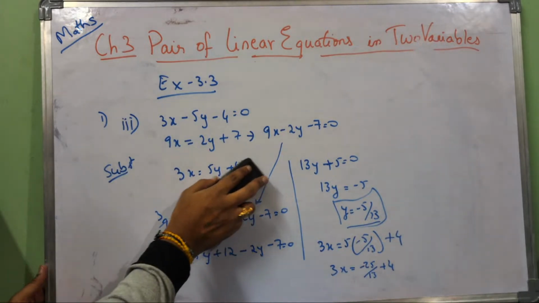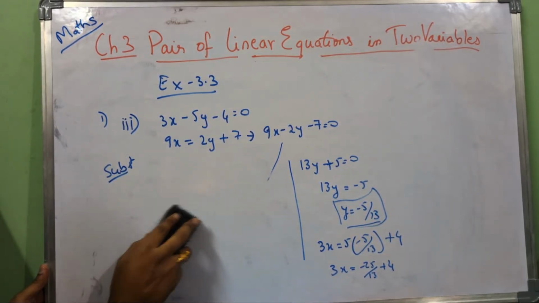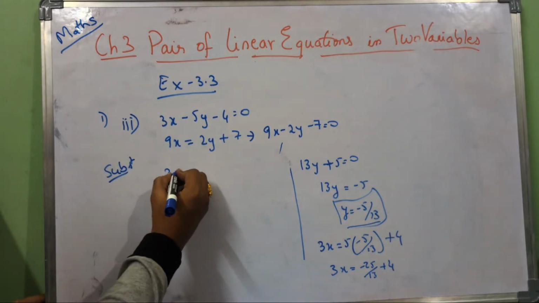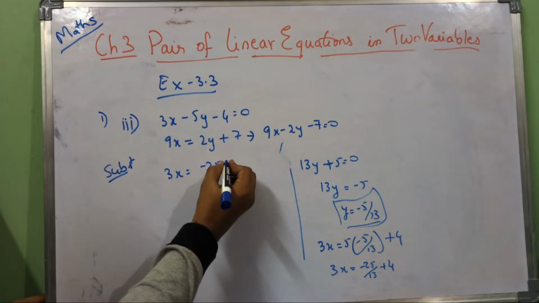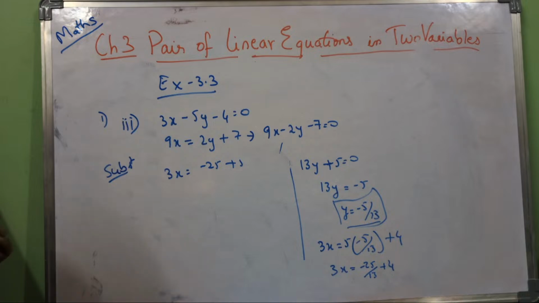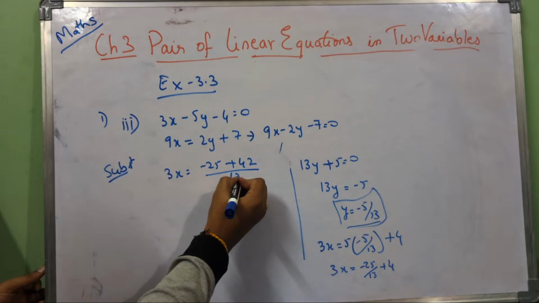So on the left side, x equal to minus 25, 13 fours are 52, by 13.